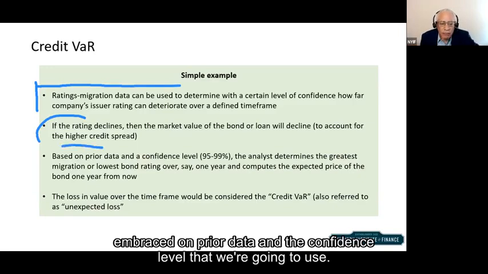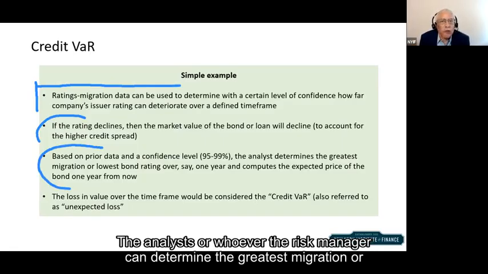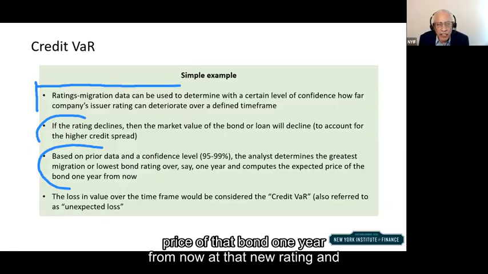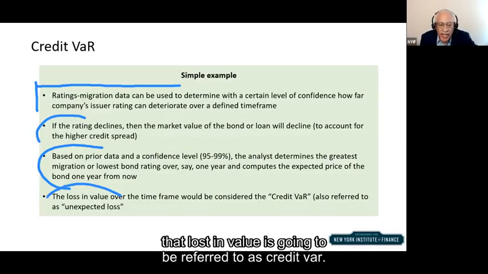And then based on prior data and the confidence level that we're going to use, the risk manager can determine the greatest migration or lowest bond rating over that period, and then compute the expected price of that bond 1 year from now at that new rating. And that loss in value is going to be referred to as credit VAR.